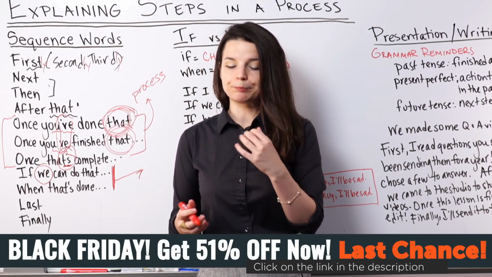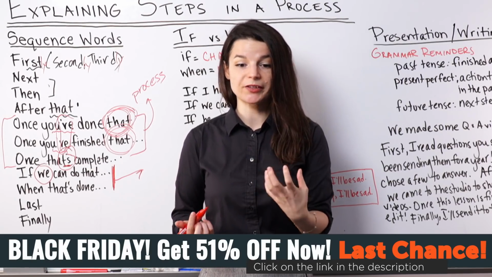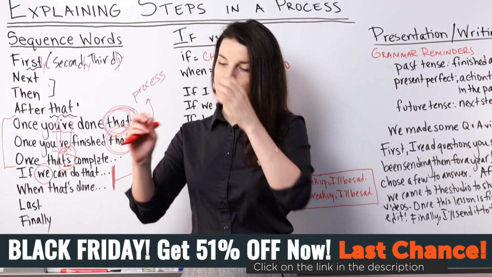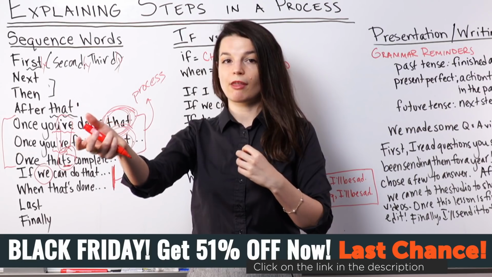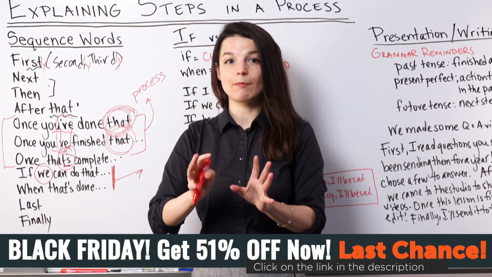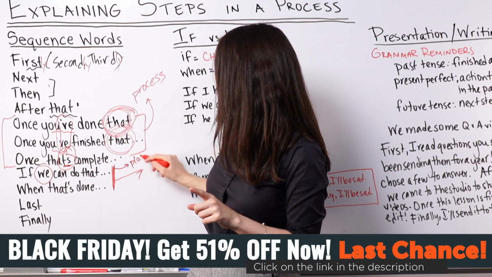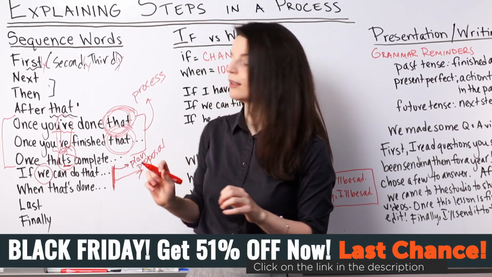That means if it's possible for us to do something, if it's possible for us to achieve something. This is a way of sharing an unreal thing, something that has not happened yet, but you're thinking about it. So this is useful for a plan or maybe a proposal: if we can do that.